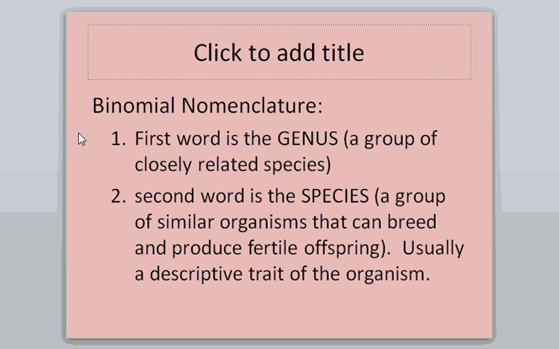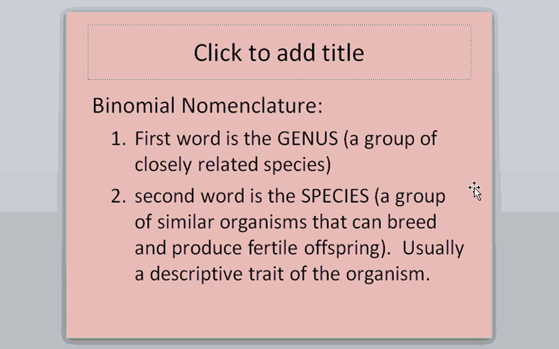The second word is the species, a group of similar organisms that can breed and produce fertile offspring. The key word there is fertile. Yes, you can breed a horse and a donkey, but you get a mule, and you can't breed two mules together to get another mule. They are infertile. The species would be similar to your specific name.